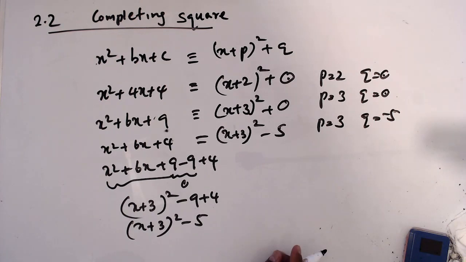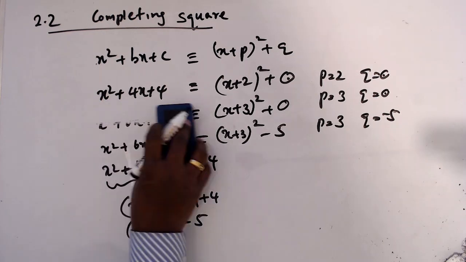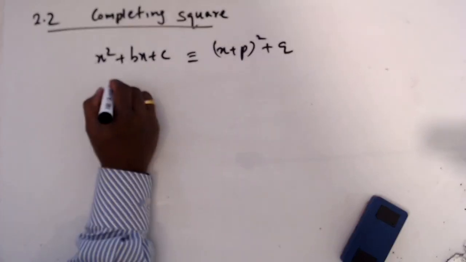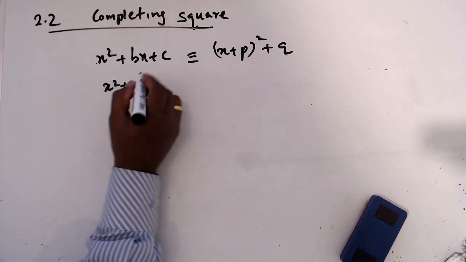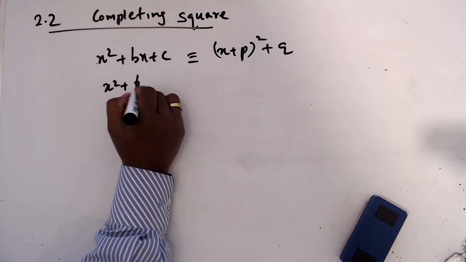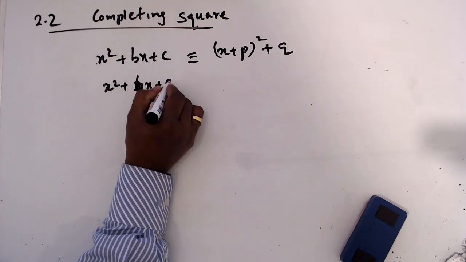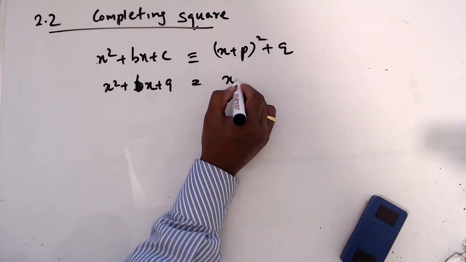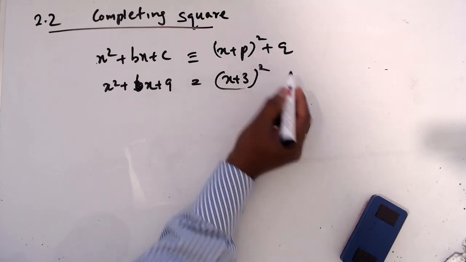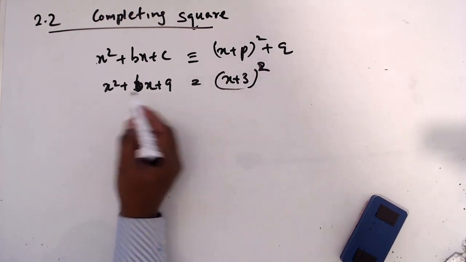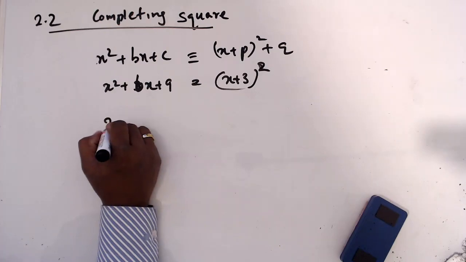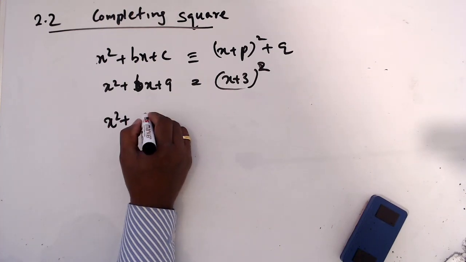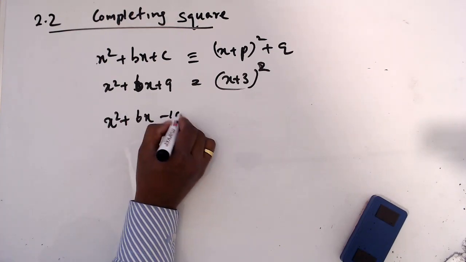We'll discuss another example. x squared plus 6x plus 9 means (x plus 3) squared. We know this one. Now we have x squared plus 6x minus 10.